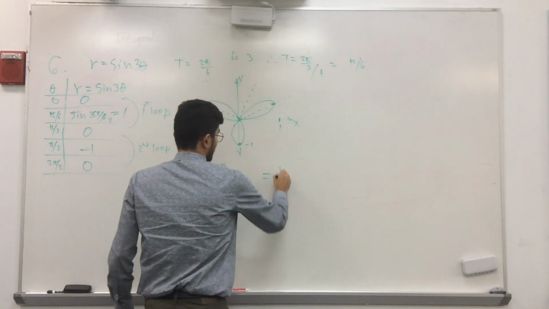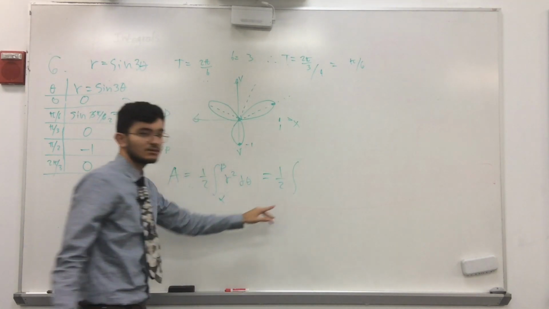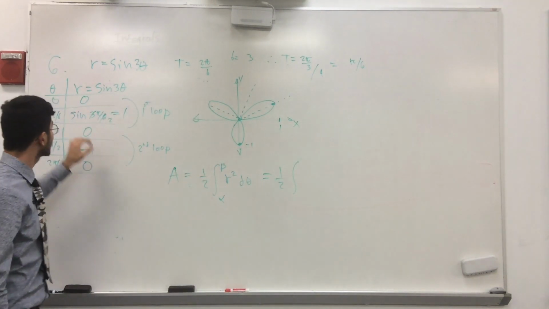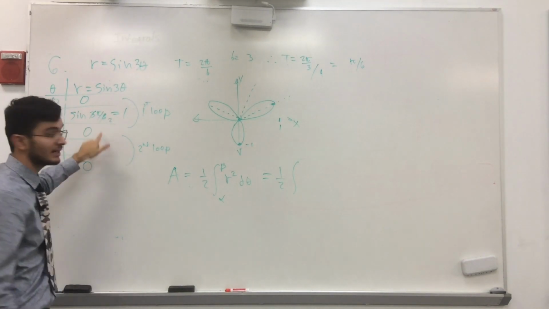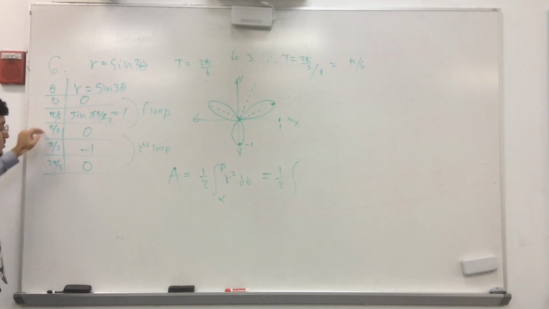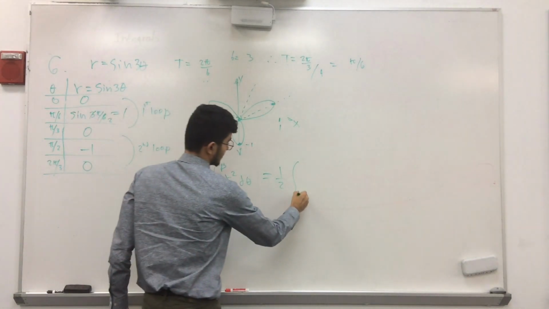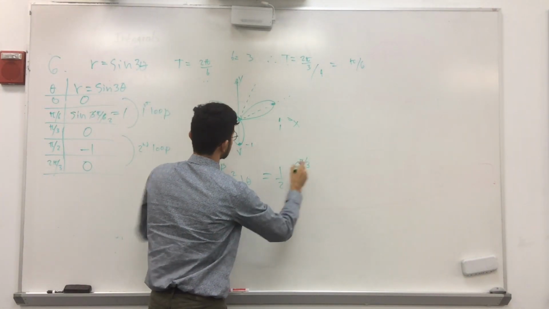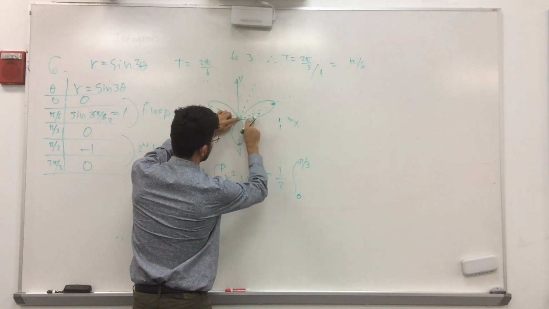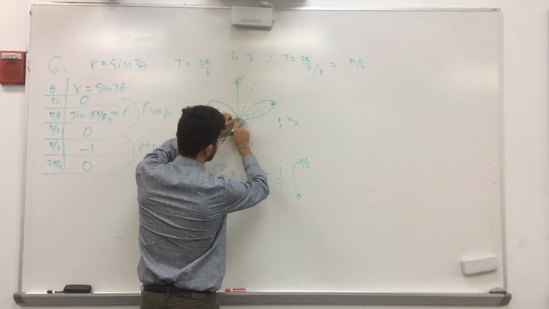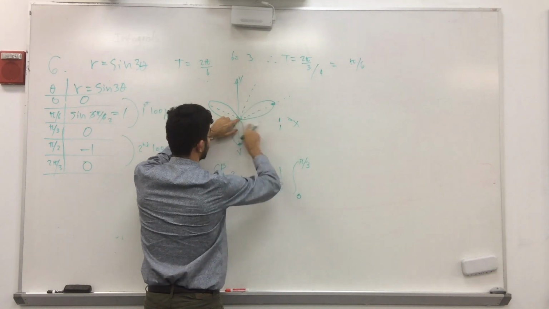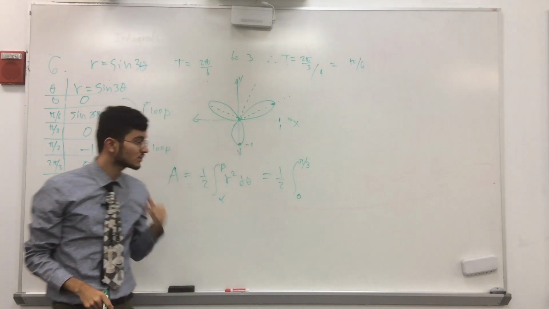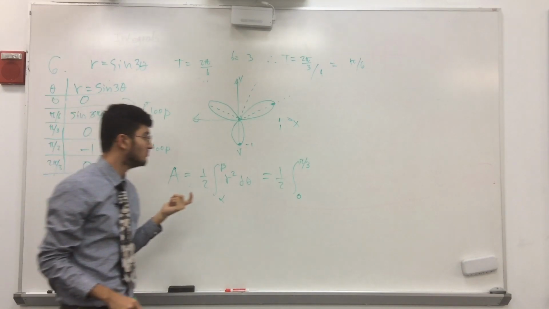So the area is 1/2 integral, with bounds from here to here, because this is where the function meets. So it's from 0 to pi over 3, where the function meets the value 0 once again.